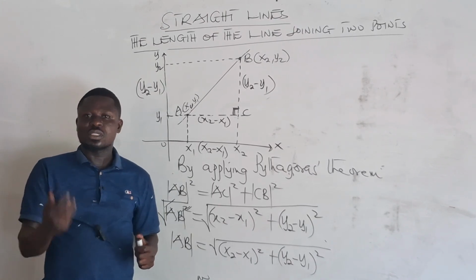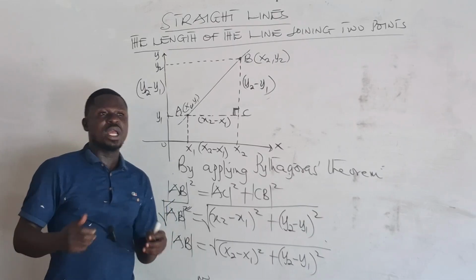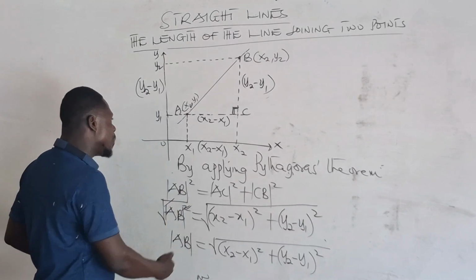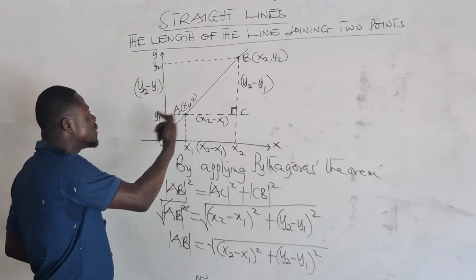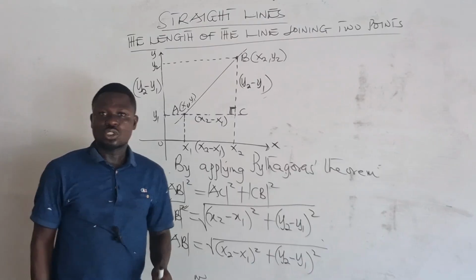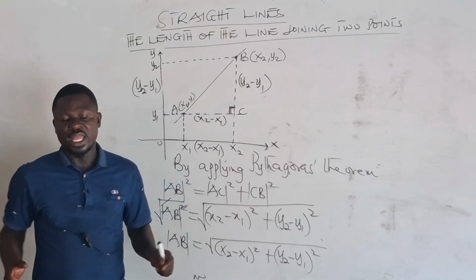Negative figures are not considered when we are finding length. So therefore, the magnitude of AB, the length of AB, the distance between points A and B will be the formula here. So the formula is proven.